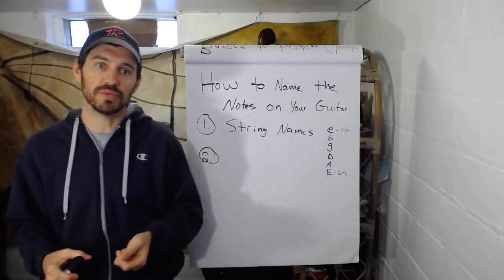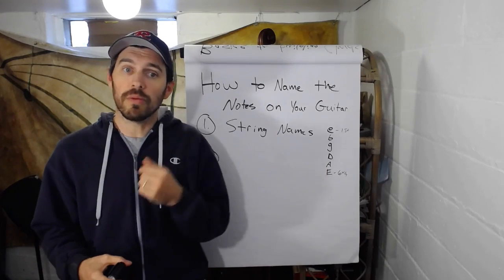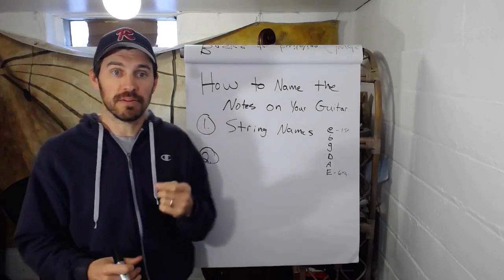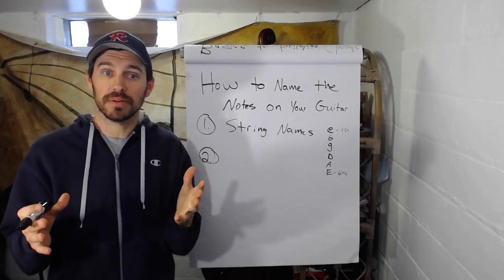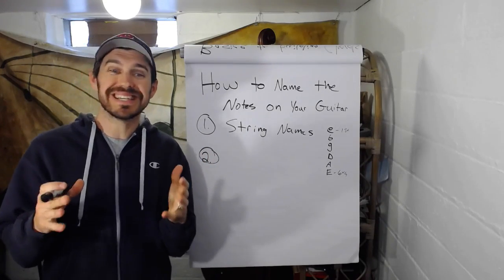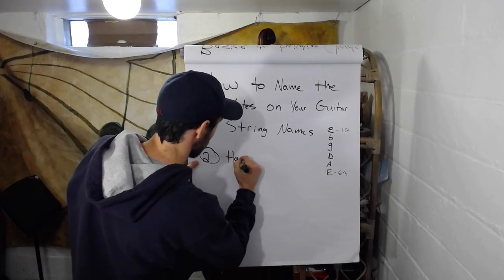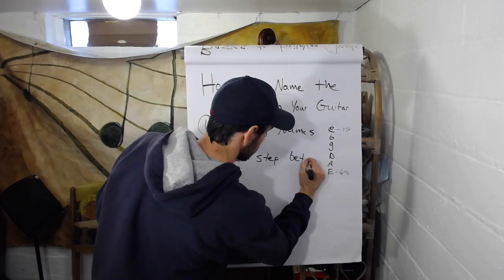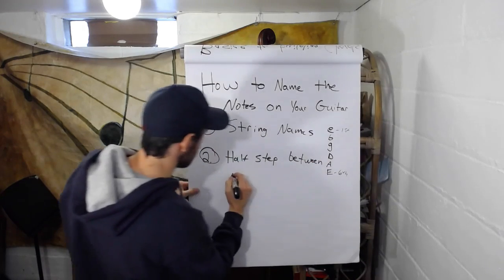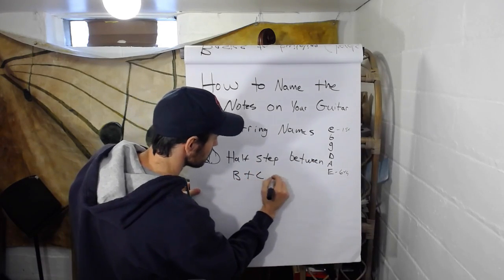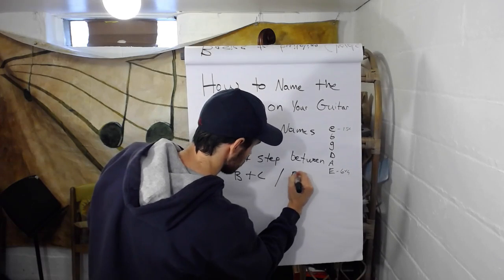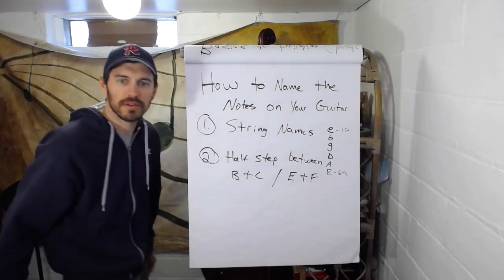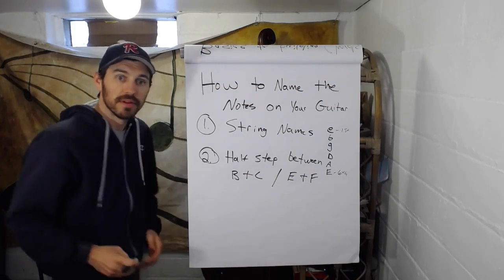And there's black keys in between some of those notes, in almost all places except between B and C and E and F. Okay, so I'm going to say a half step between B and C and E and F.